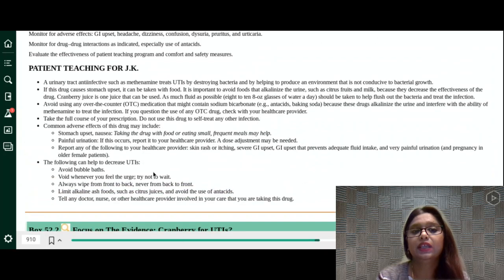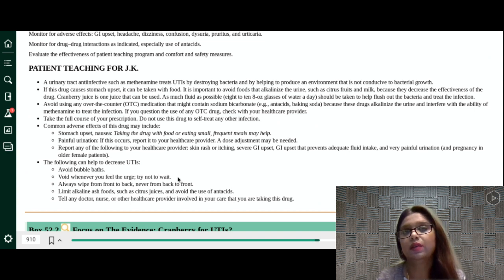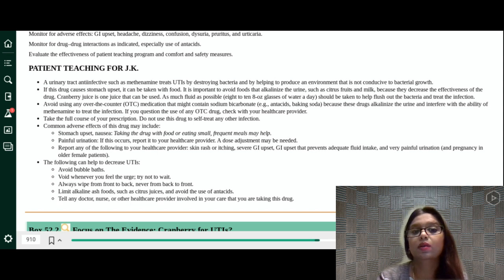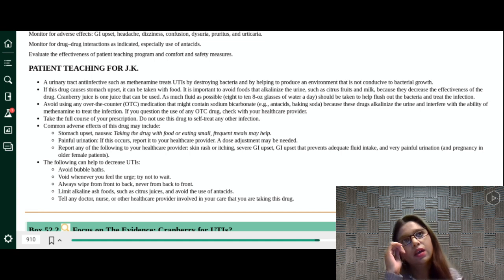Also for patient education, if they are having urinary tract infections, we want to tell them to avoid bubble baths and avoid going to regular swimming pools and jacuzzis, where everybody uses it together. Let's say in your complex where you live, you have a pool where everybody uses it, there is a very high chance of getting UTI.